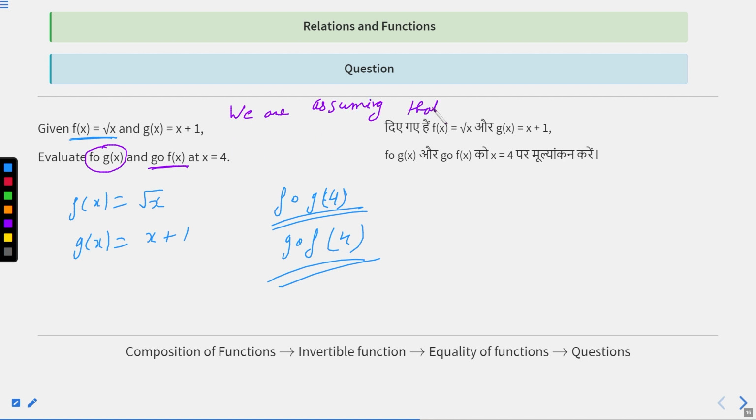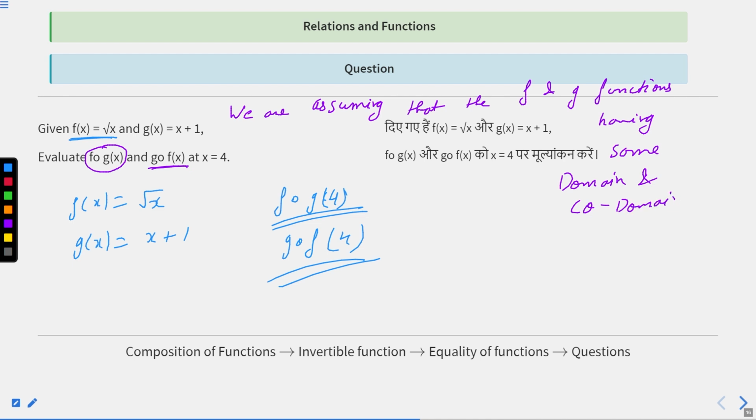So we are assuming that f and g functions have the same domain and codomain.